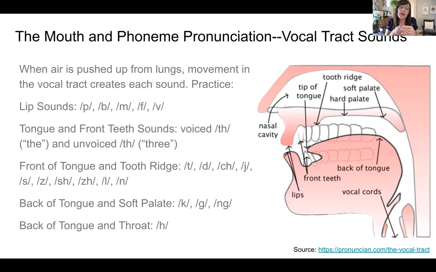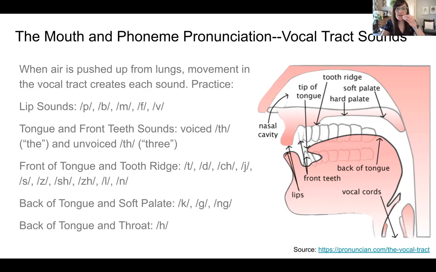This can be very helpful if you have children who are still developing some of the sound pronunciations that we have. And these are all the different areas of your mouth and your teeth and your lips that are coming into play as you're producing sounds, all the way down to your vocal cords.